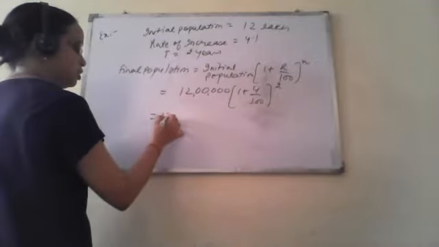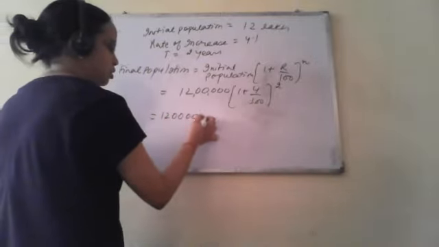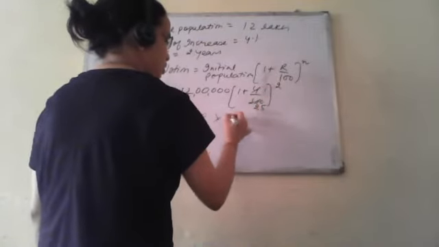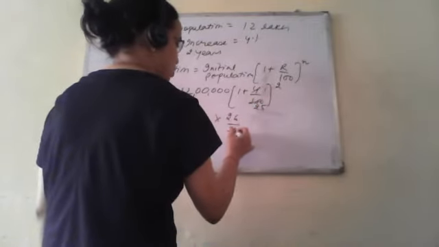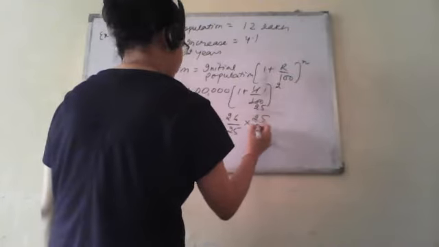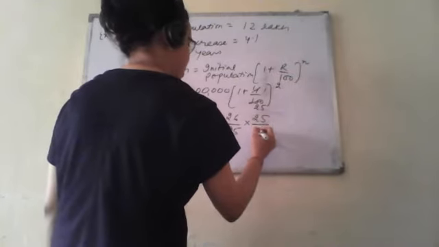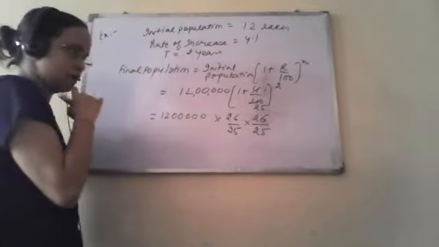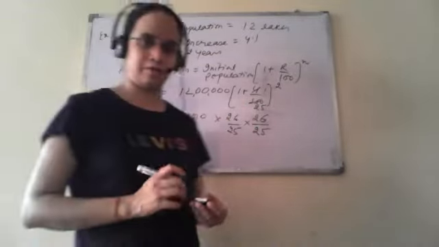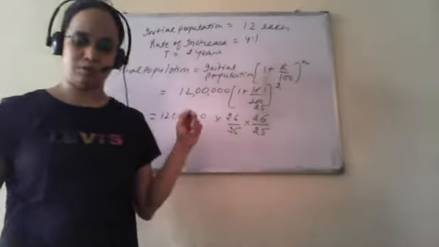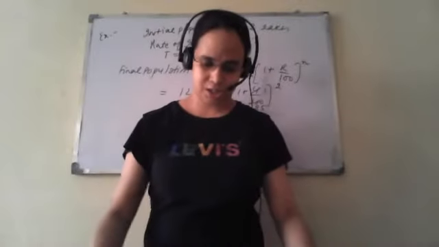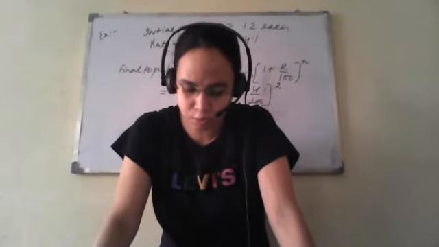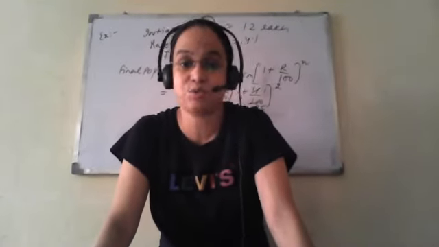So it will be 12 lakhs into 26 upon 25 into 26 upon 25. Okay. Now you can calculate its value. So this is how we have to calculate these things. Right. So we will be starting with the new exercise in our next video. Thank you.